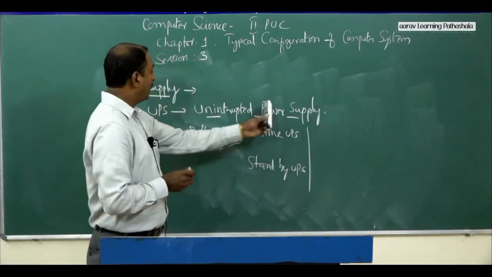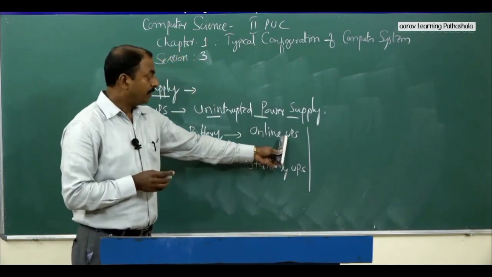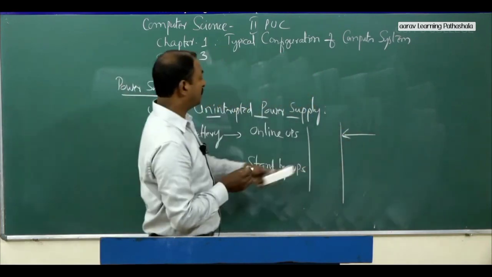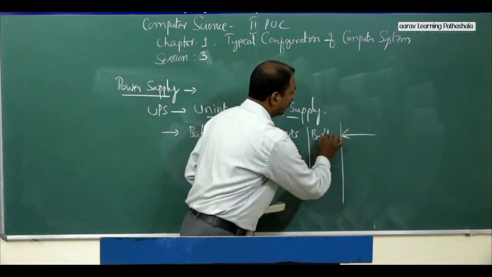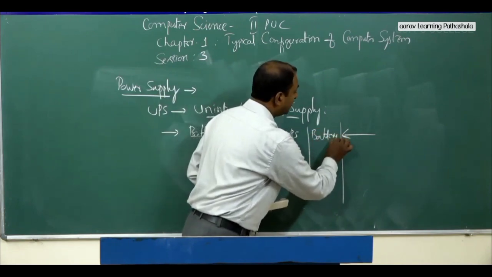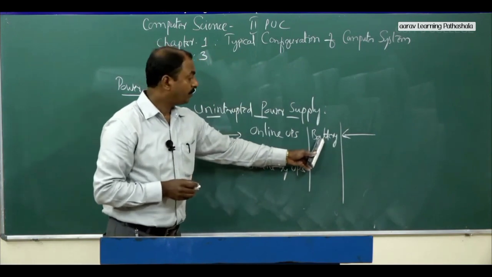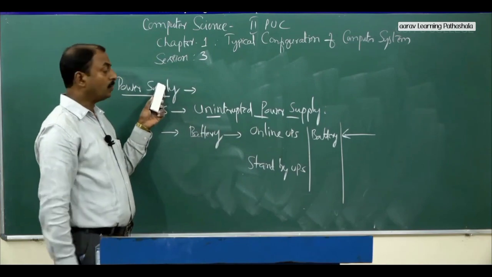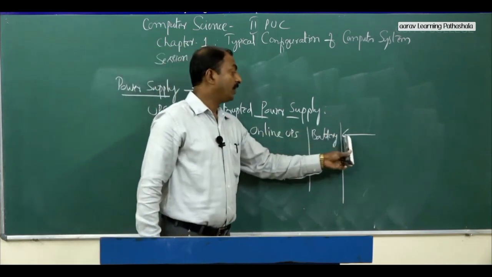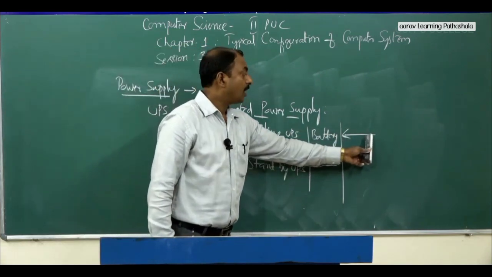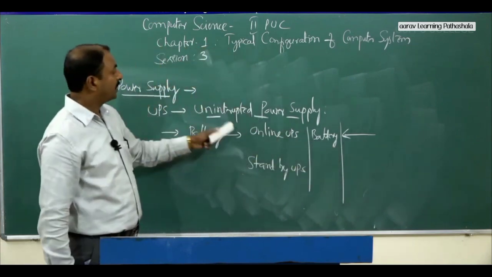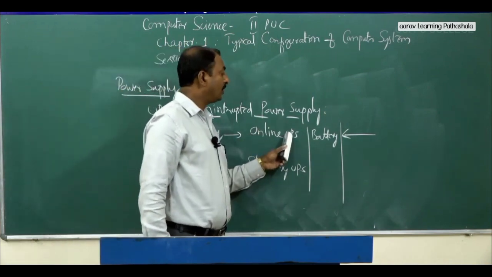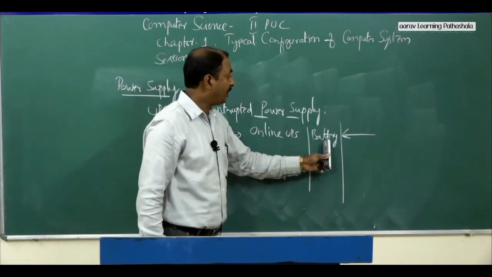In an online UPS system, even if there is a power supply, the computer system gets continuous power through the battery of the UPS. So if there is any failure in electricity or power supply, the system cannot notice it, because it is already getting power from the battery of the UPS.